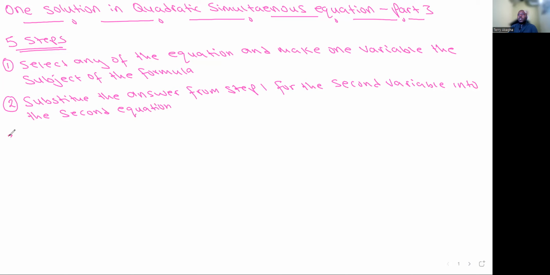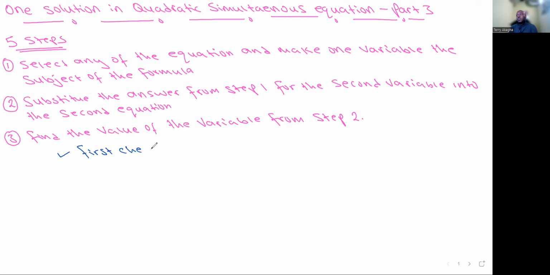All right. Number 3, when you're done, you have to find the value of the variable from step 2. So the first thing, you have to first check the discriminant.